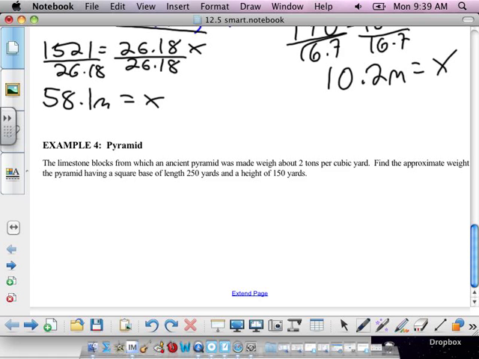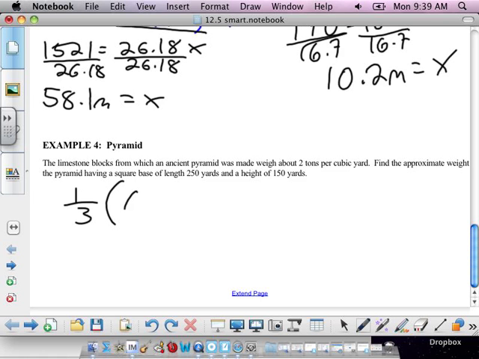Okay, its square base is 250, and its height is 150. So I know I'm going to use 1/3. How am I going to figure out the area of the base? If it's a square base with a length of 250, how do I figure out the area of the base? All the sides are the same. Area of a square is what? Length times width. So 250 times 250, right? It's going to be a big number, guys.